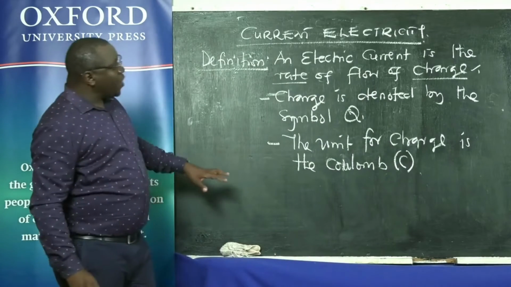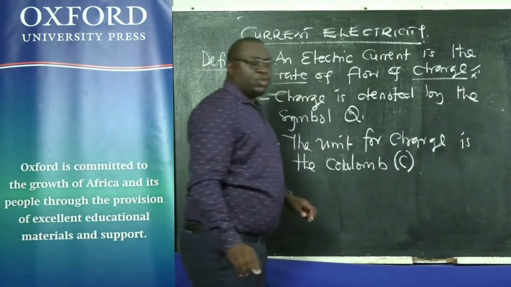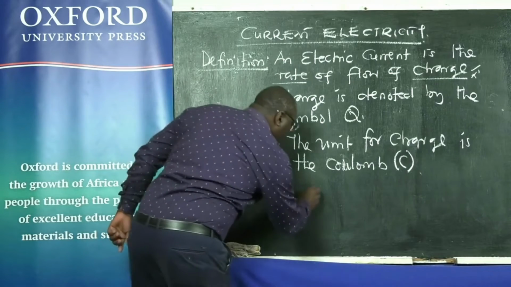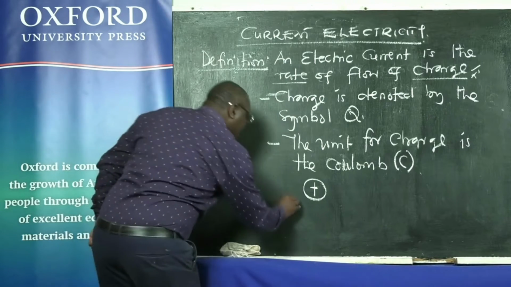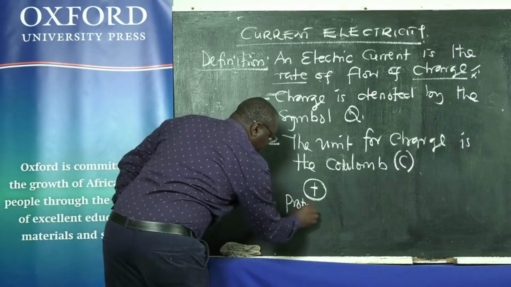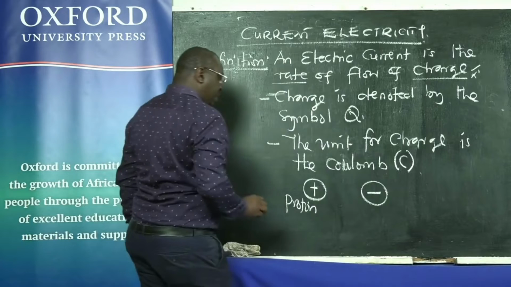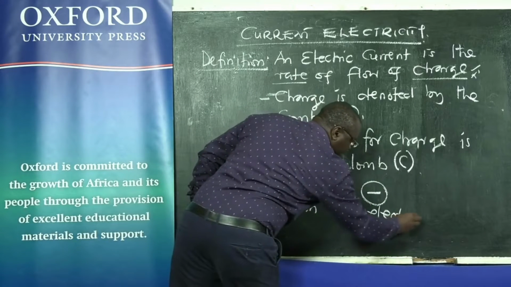Since we are still talking about charge, it's important that we remind each other of what those two charges are. The first type of charge is positive, and this positive is a proton. The second charge is negative, and this negative charge is called an electron.